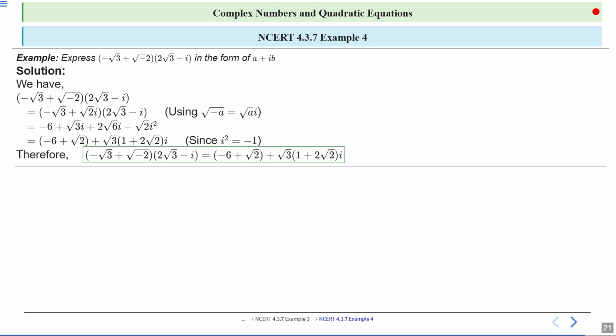So ultimately we get the answer. The expression minus square root of 3 plus square root of minus 2 times 2 times root 3 minus iota can be expressed in the form of a plus iota times b as minus 6 plus root 2 plus root 3 times 1 plus 2 times root 2 times iota. And this is our final answer.